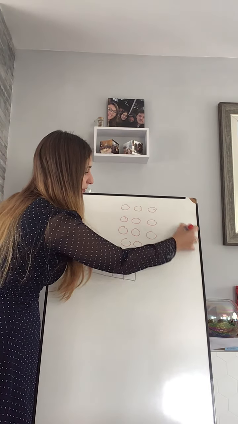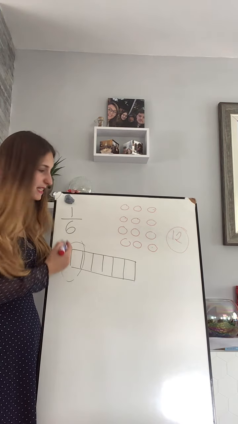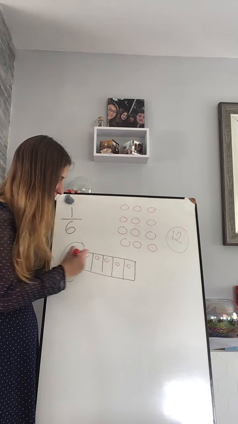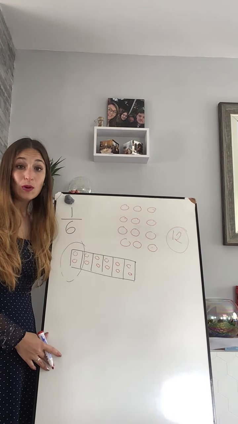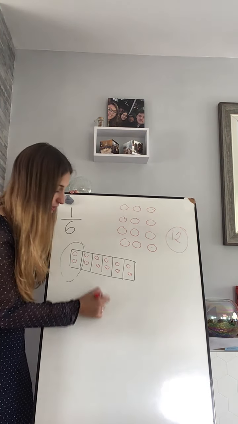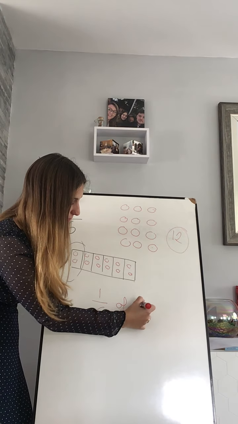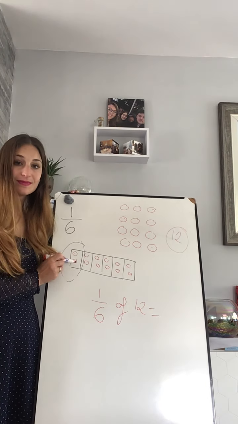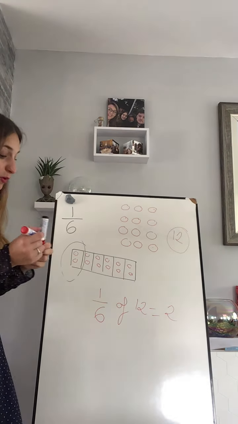You had 12 coins and you are going to share them equally into 6. So you should have that 1/6 of 12 is 2. Correct.